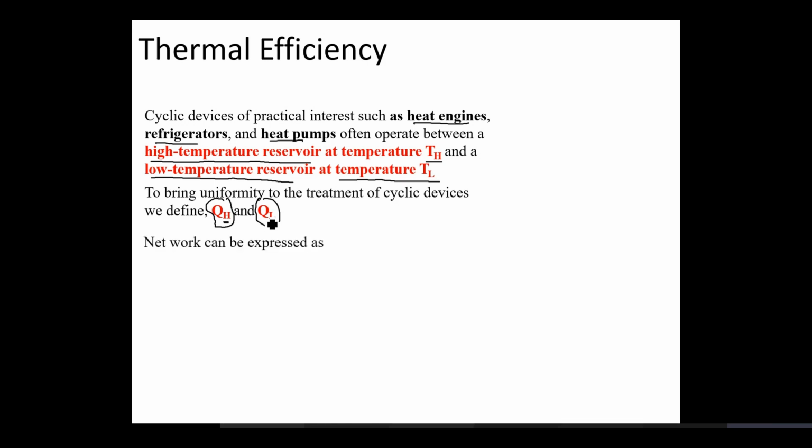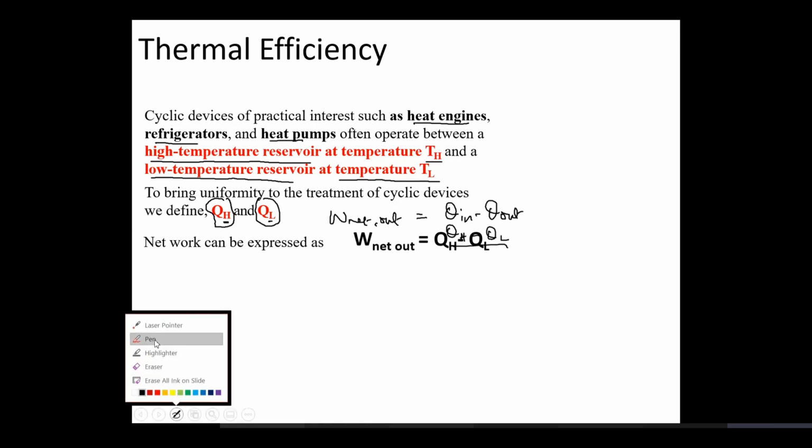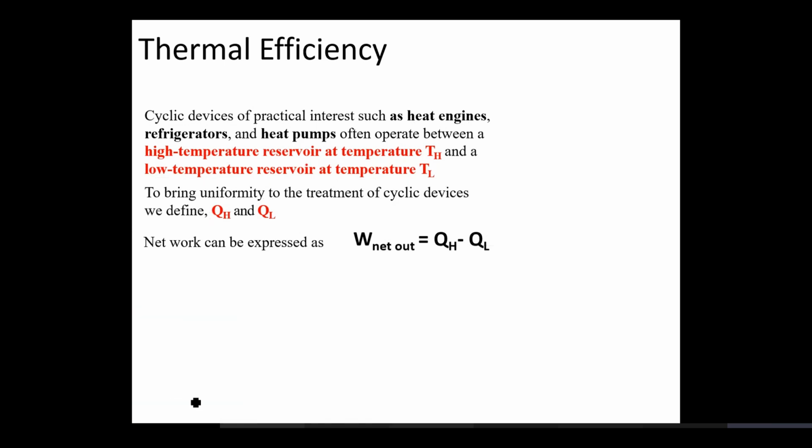So the net work now could be expressed as, if you remember, work net out was Q in minus Q out, which is essentially Q_H minus Q_L. So you replace in and out with the reservoirs. This is representing high temperature and this is representing low temperature.